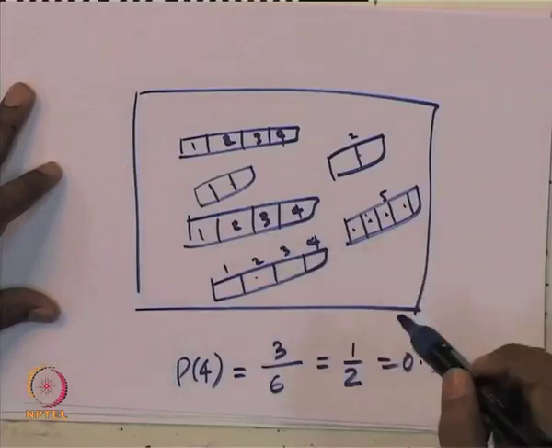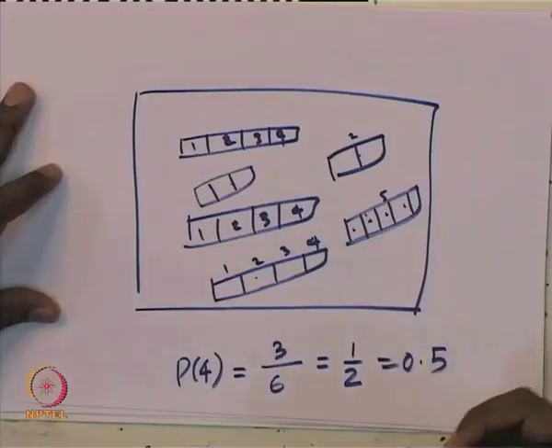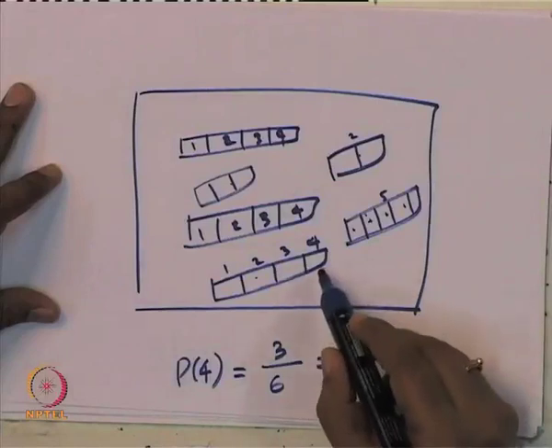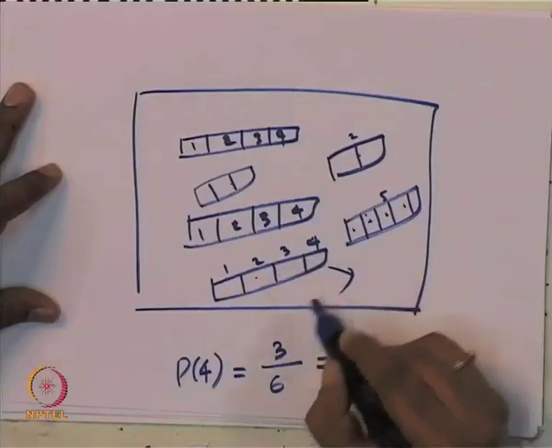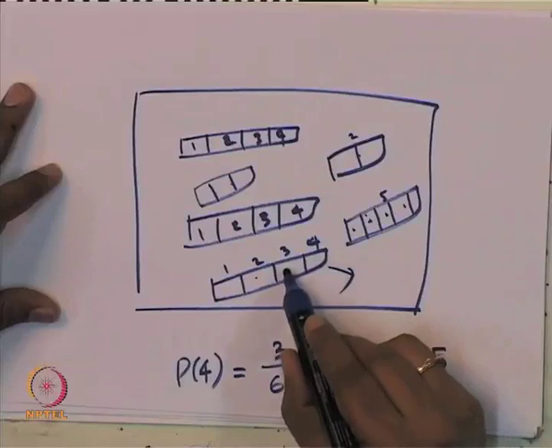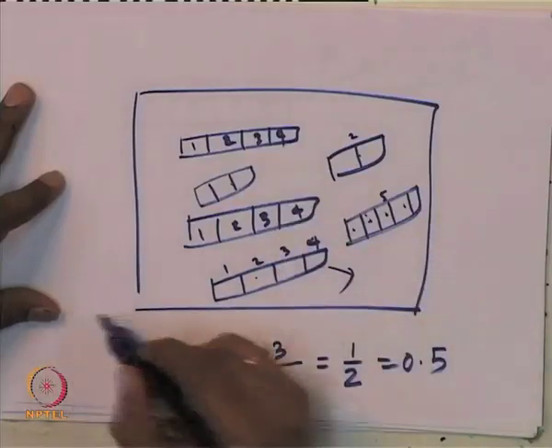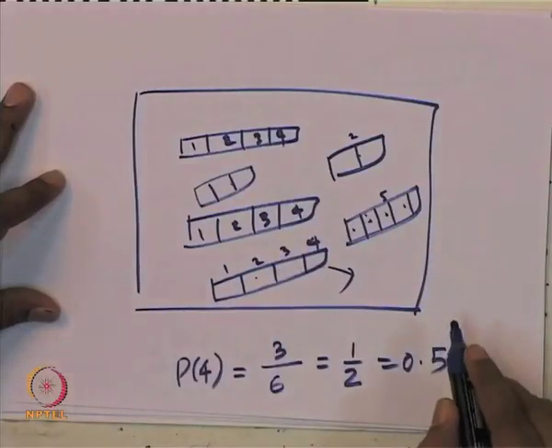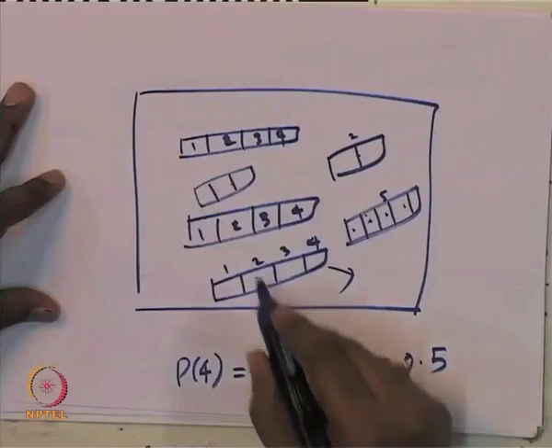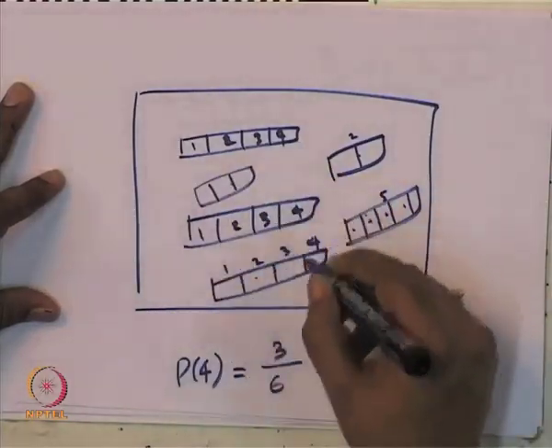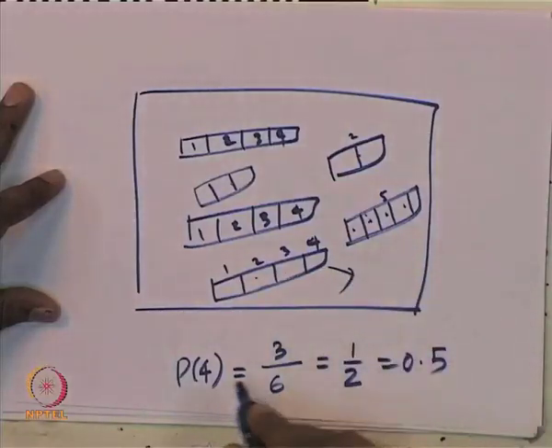Now, let us say some depolymerization happens in any of them. Let us say this depolymerizes, then what happens? This becomes 3. If this becomes 3, there are only 2 out of 6. The number of filaments having 4 monomers will decrease, so the probability P4 becomes less.